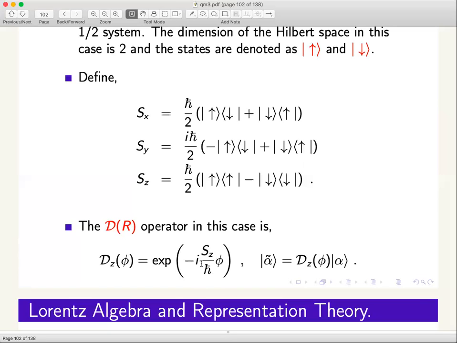If you compute that, the answer you get is expectation value of Sx times cos phi minus expectation value of Sy times sin phi, which is what you call the transformation of Sx. So it is in the expectation value sense only that you can make sense of it, because you do not say that the operator transforms, but that the operator expectation value transforms.